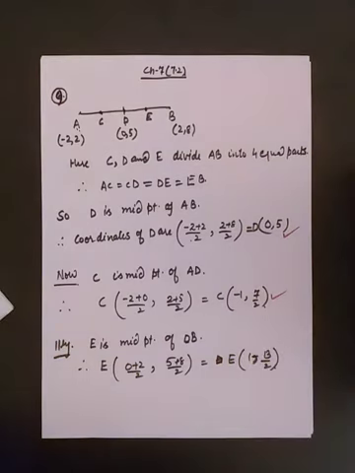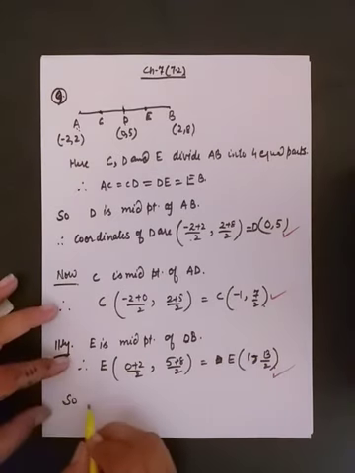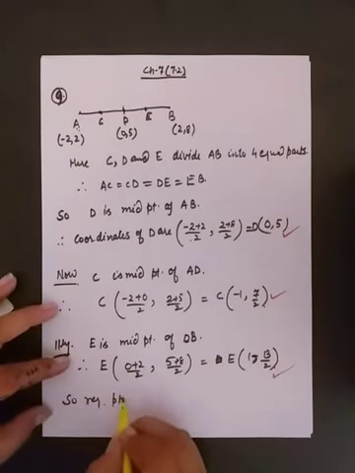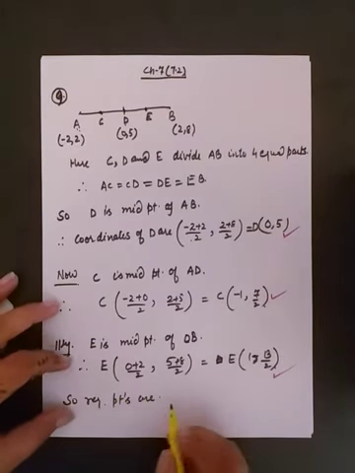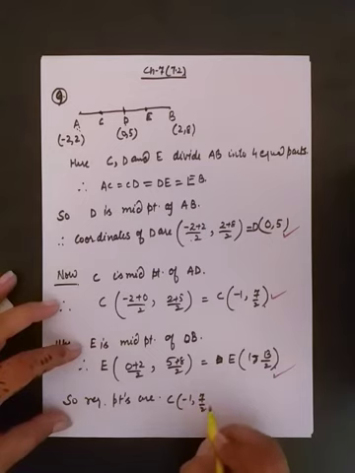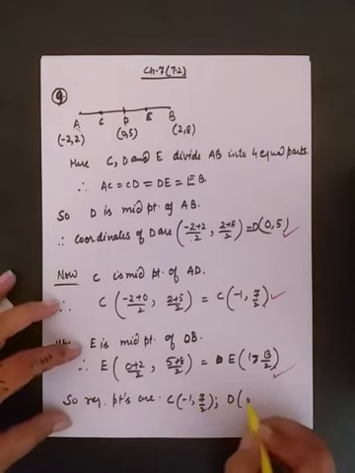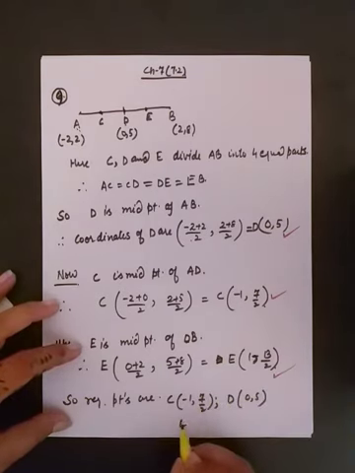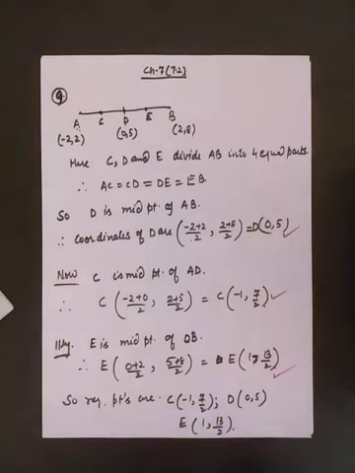So these are the coordinates of the third point. So you can say the required points are C (-1, 7/2), D (0, 5), and point E is (1, 13/2). So this is the answer to your question.